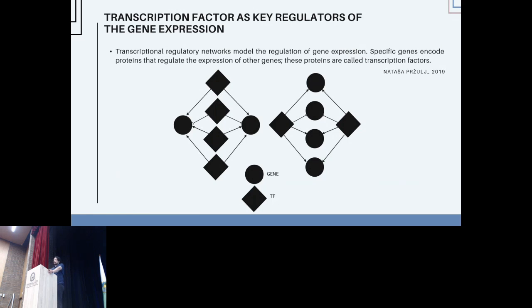Also, an important concept to tell you about is a regulon, which is the group of all the genes that are regulated by a transcription factor. The dynamics of how these transcription factors regulate all the genes can be represented as graphs, and the characteristics of the different graphs may be influenced by the data that we are using.